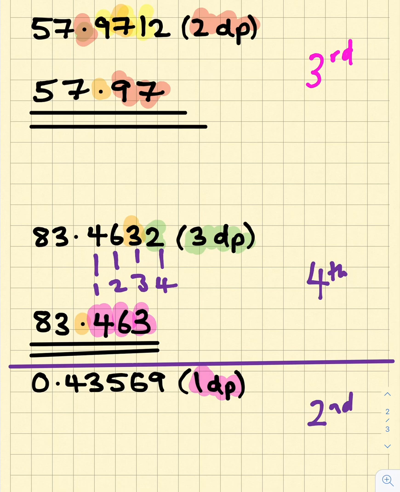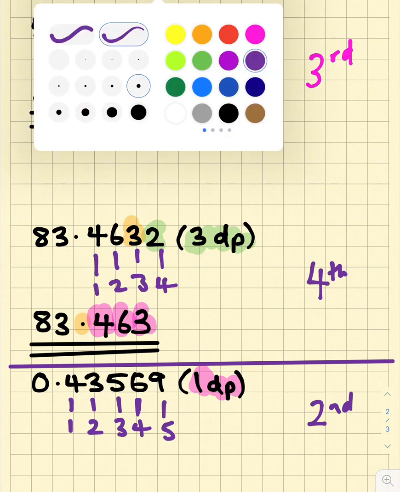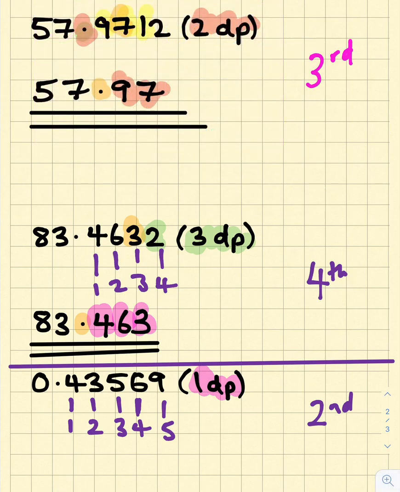So let's label our decimal places. 1, 2, 3, 4 and 5. Now, let's determine what our second decimal place is. Well, it is in fact the 3. Is 3 5 or larger? Well, it's not, so we are going to round down.